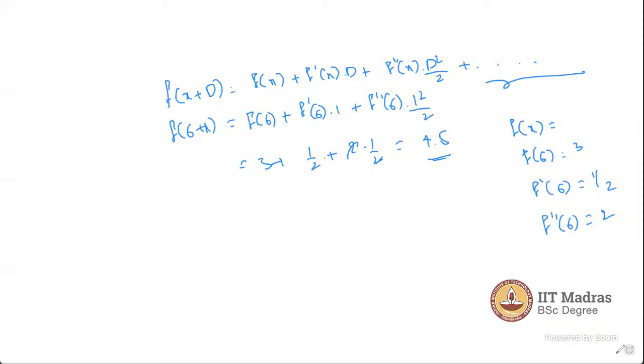f of x comma y is equal to x y square, and x0 comma y0 is 2 comma 2.